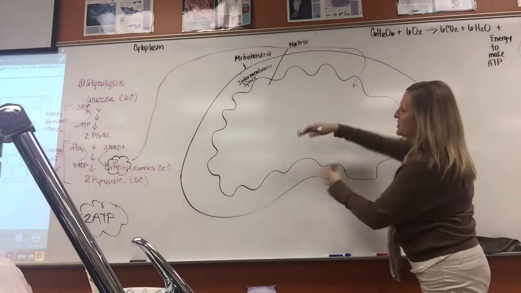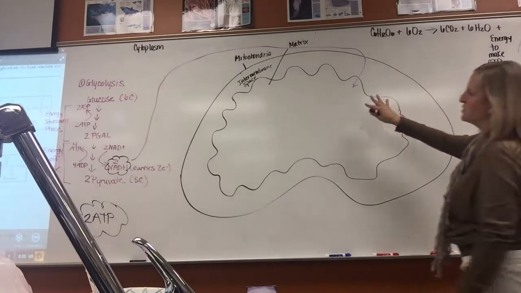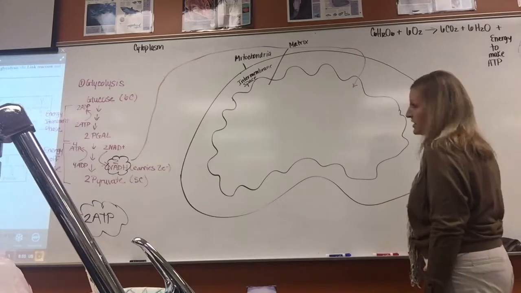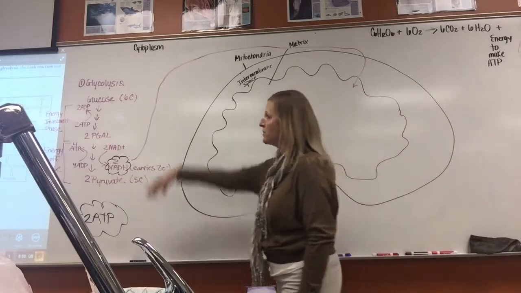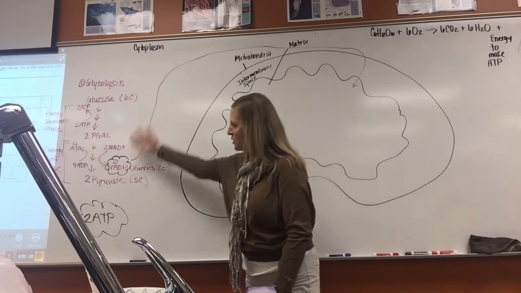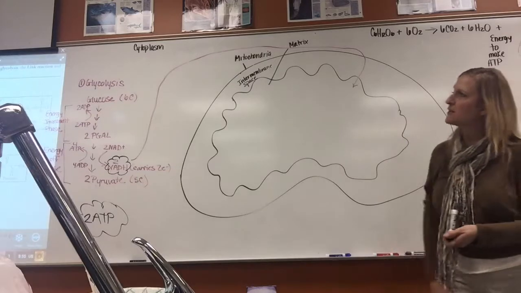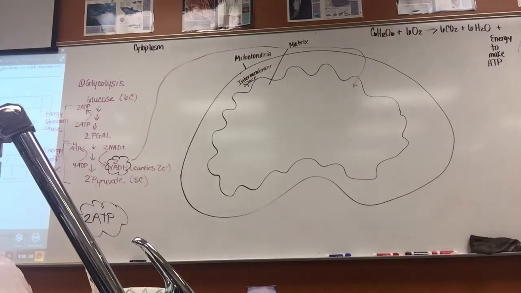So the NADHs are going to be used in the mitochondria for the last step. And the last step is where the majority of ATP is made. So really the purpose of the previous step, like this step here, is to make a little ATP and start the breakdown of glucose, stripping those electrons off. All right, so that is glycolysis. That's the end of glycolysis.